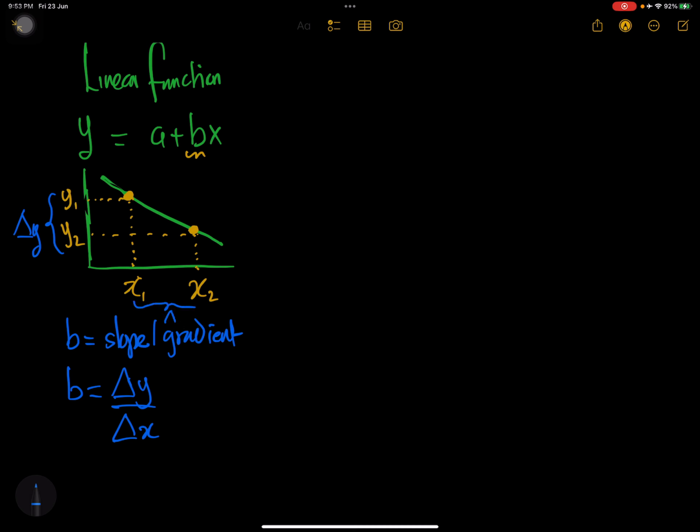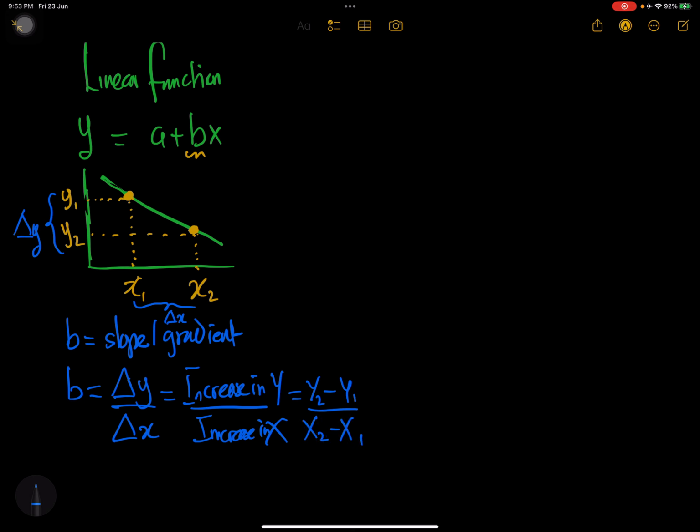That change in y can be written as an increase in y divided by an increase in x, which we can rewrite as y2 minus y1, all divided by x2 minus x1.